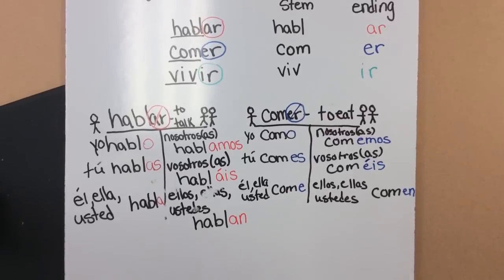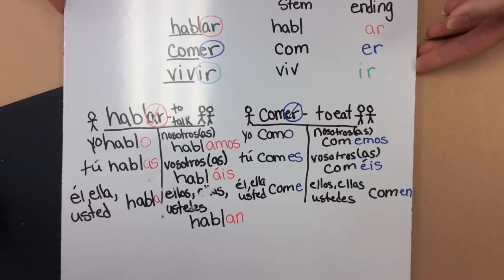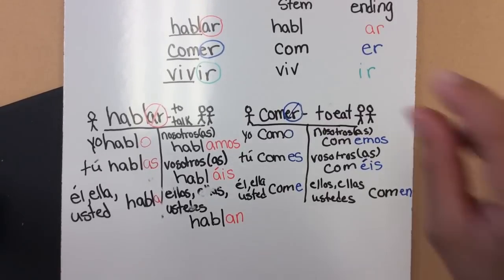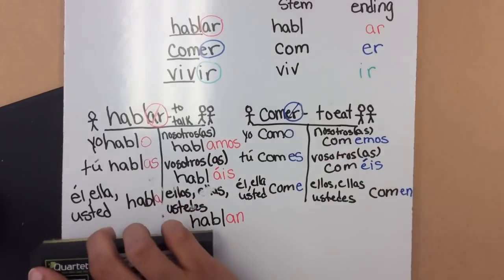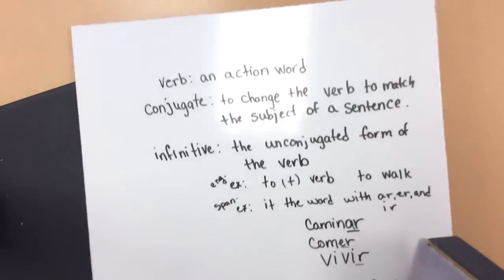So let's look at IR endings. Let's look at our IR endings. And what I'm going to do is kind of something a little bit crazy. I'm going to go ahead and put comer. I'm going to transfer it here.